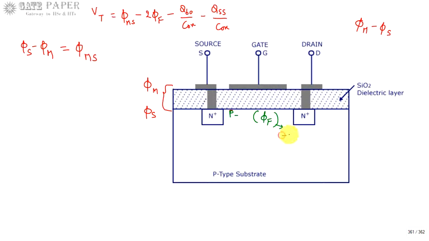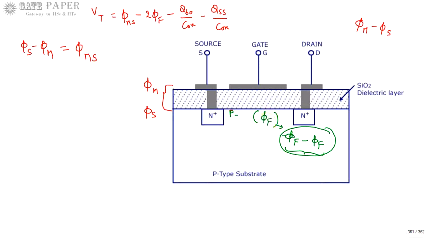If you apply minus pi f, it will become intrinsic semiconductor, and if you apply one more minus pi f, then it will become n-type semiconductor, assuming the doping concentrations of p and n are the same. By that time, the amount of change you have to apply to get a channel region is nothing but minus 2 pi f. Pi f is the Fermi potential of the channel region.